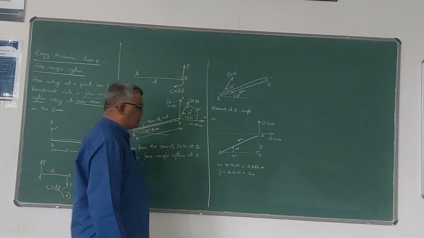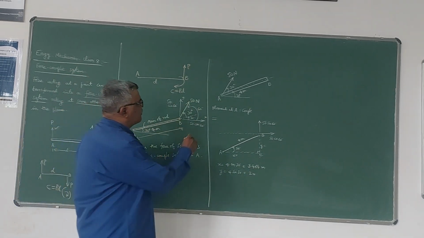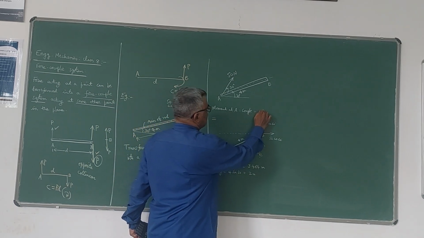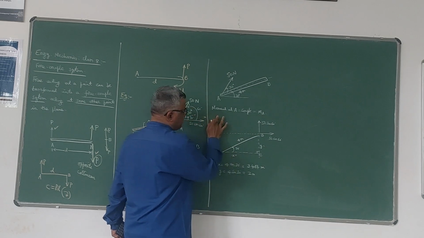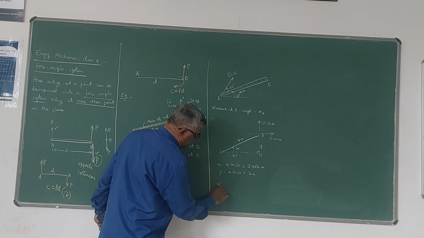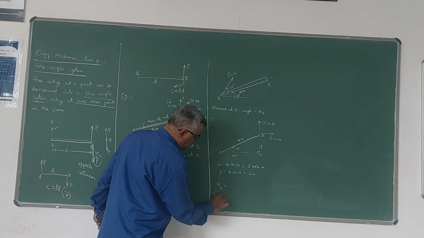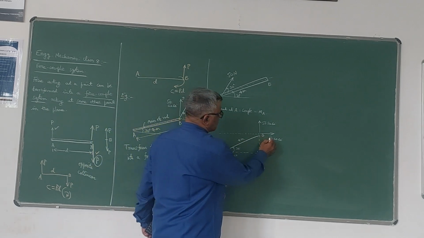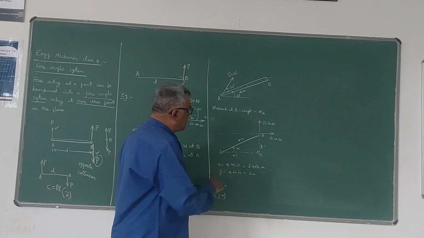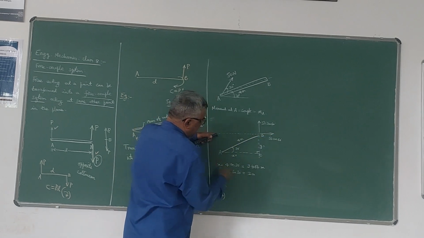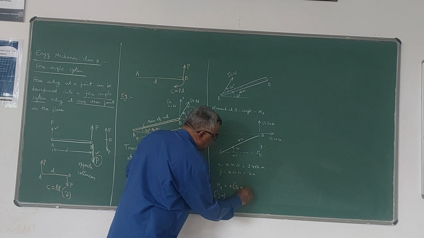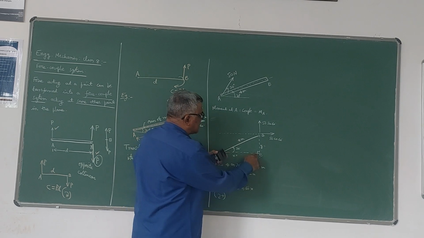Sin 30 is half. Now therefore, if you are calculating moment at A, which is nothing but MA, that itself is the couple. So MA is equal to, taking clockwise positive and anti-clockwise negative. So moment due to this force, 50 cos 60 force, it is clockwise about A. So therefore it is plus 50 cos 60 multiplied by distance, which is y now.